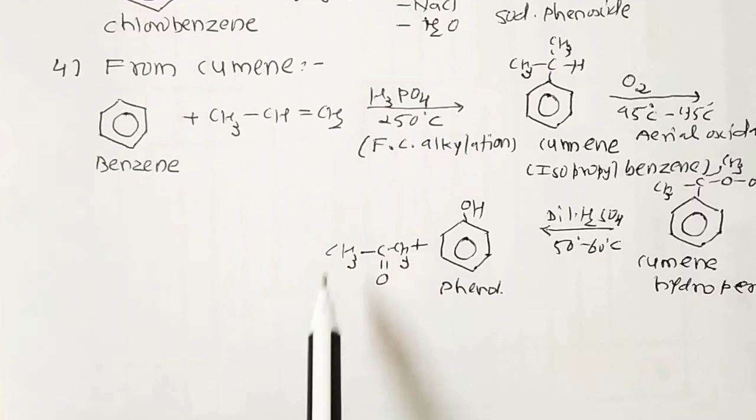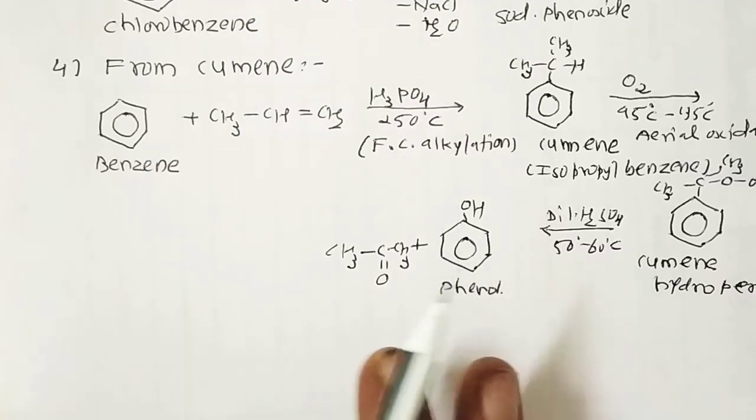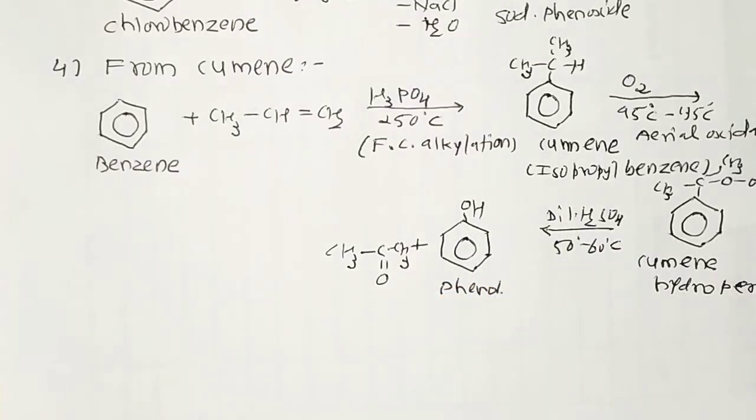If we sell this acetone, definitely, because our byproduct is also costly in nature, the cost of this phenol is quite low compared to the remaining methods. So this is all about the cumene method. So these are the 4 different methods which can be given in our portion.